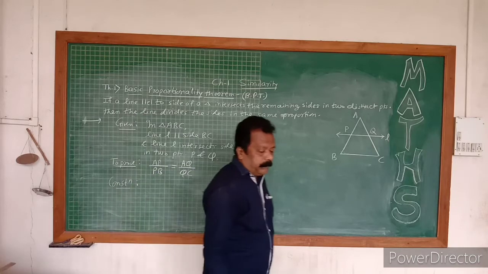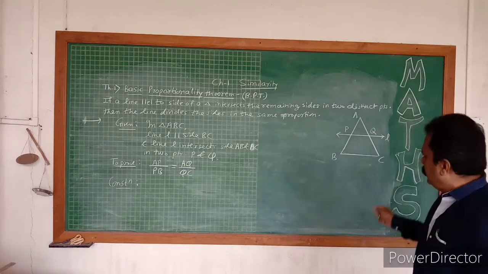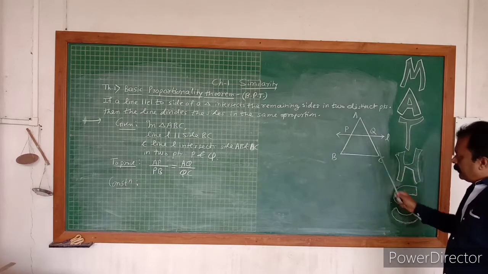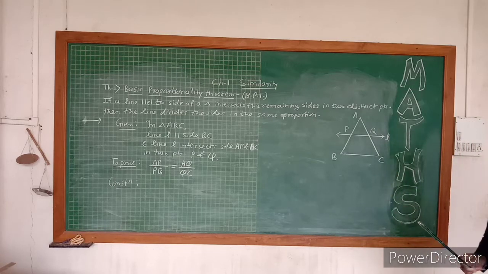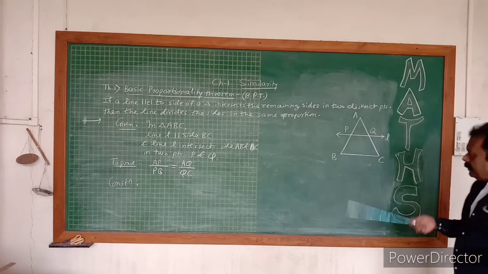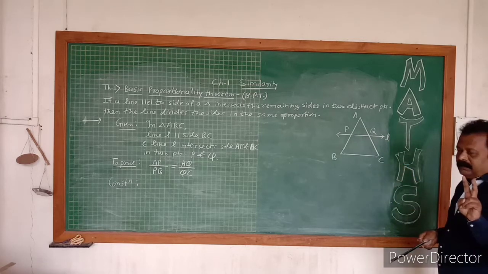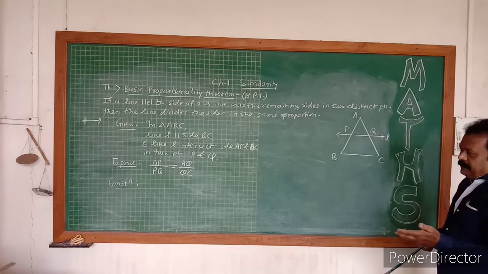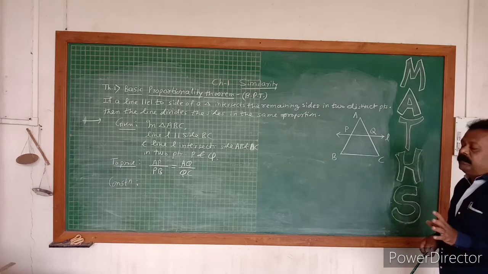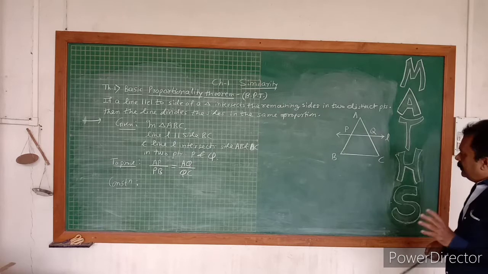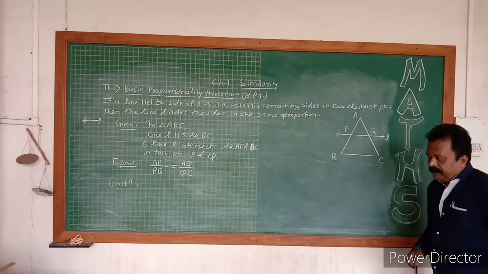Now this you have to prove. Then what to do? One triangle only we can see. If you observe carefully, then another triangle you can see inside: triangle APQ. Two triangles we got. We have to use properties, some axioms and previously proved theorems about triangles. Then we can solve this.